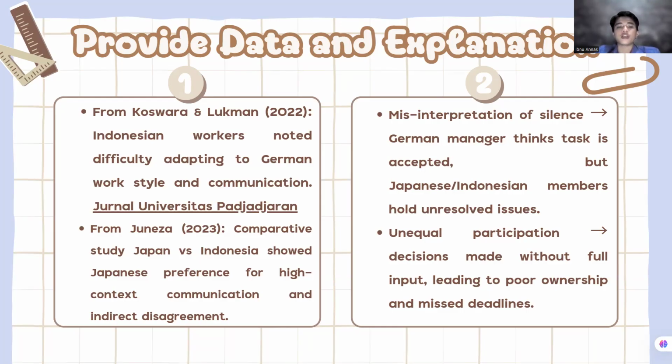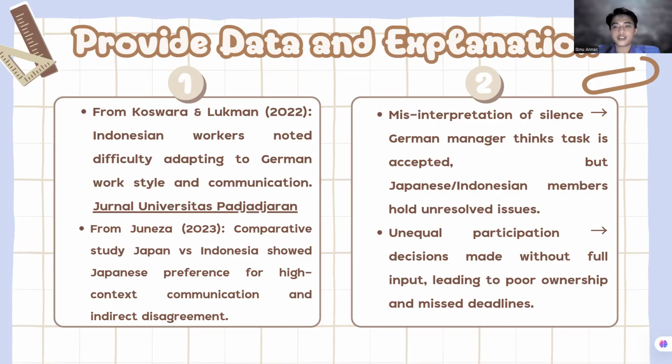So the Japanese are most likely to express disagreement indirectly, by not giving direct feedback, but they want us to understand. They want us to know that the indirect disagreement the Japanese show in their work here in Indonesia means they want high contextual communication before giving direct feedback or direct impact.